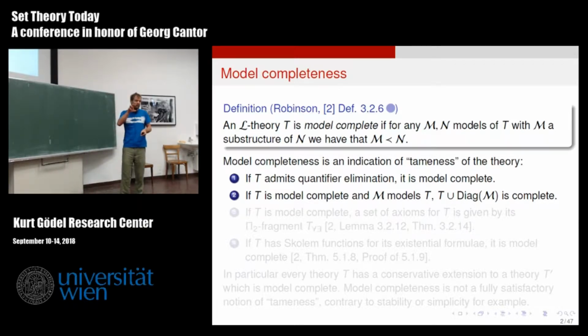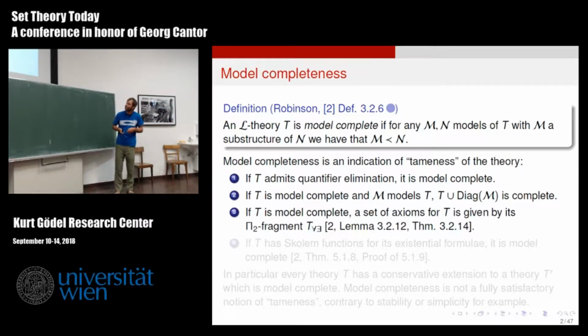But if you fix a model and the diagram of atomic formulas of the model, then it's fine. All the supermodels which are models of T are elementary supermodels. And then it also has a nice axiomatization. When you have a model complete theory, you just have to consider the pi2 fragment of the theory to get a set of axioms for the theory.